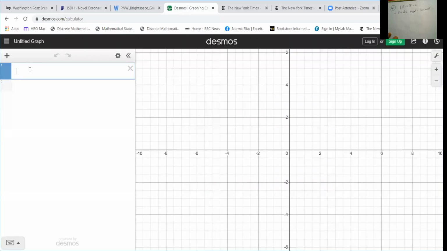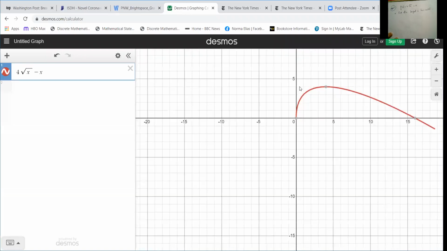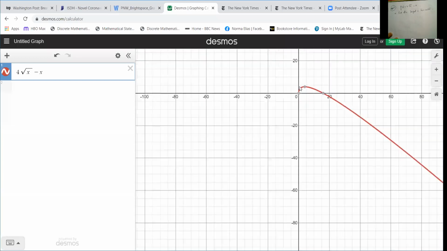So this is 4 times square root of x minus x. So that's the function. Let me graph it a little bit. So that's the graph of the function. Let's zoom out of it. Okay, so that's the graph.